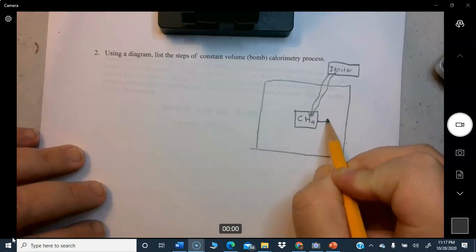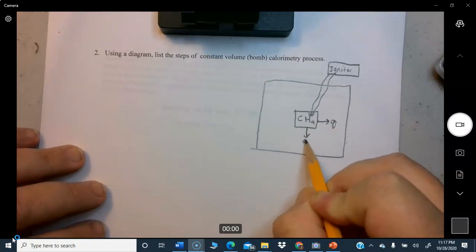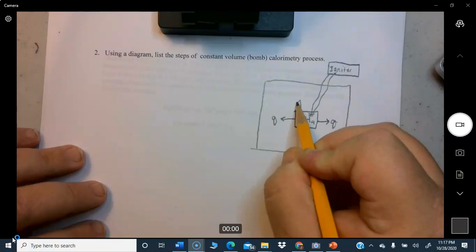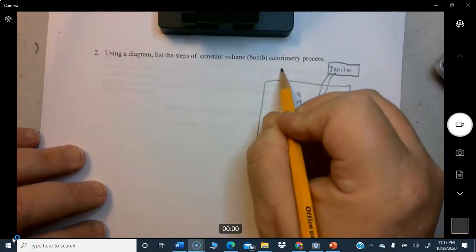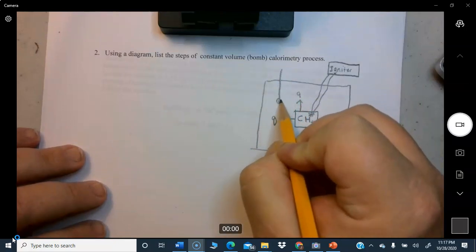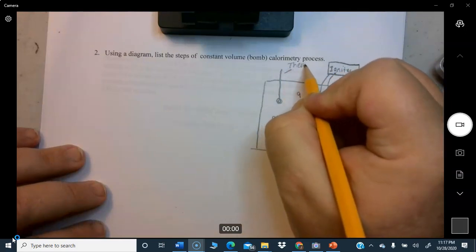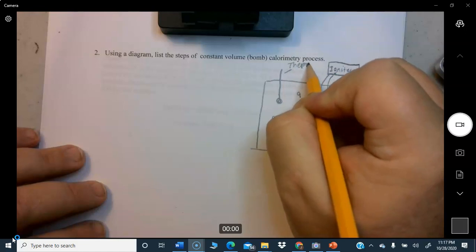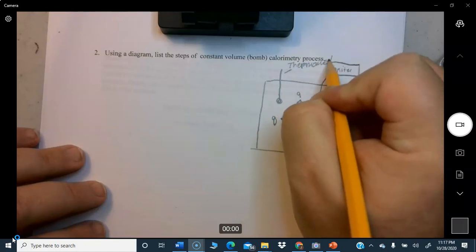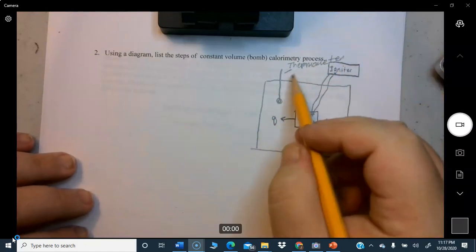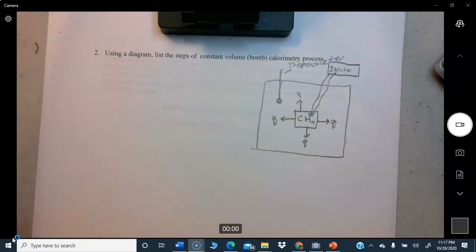You have heat coming out, Q, in all directions. And you also have a thermometer right there.